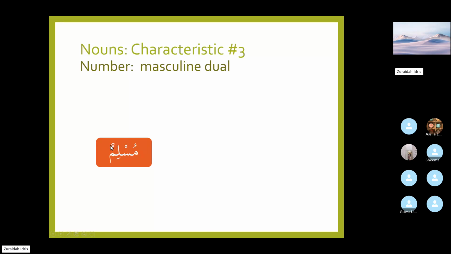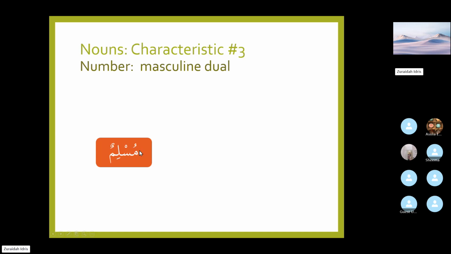So it's like two of it. So this is dhammatain or dhammatan, depending. Two dhammas, single dhamma. Or in Malay, we would say tanda di hadapan, tanda depan. That's another way of saying it.